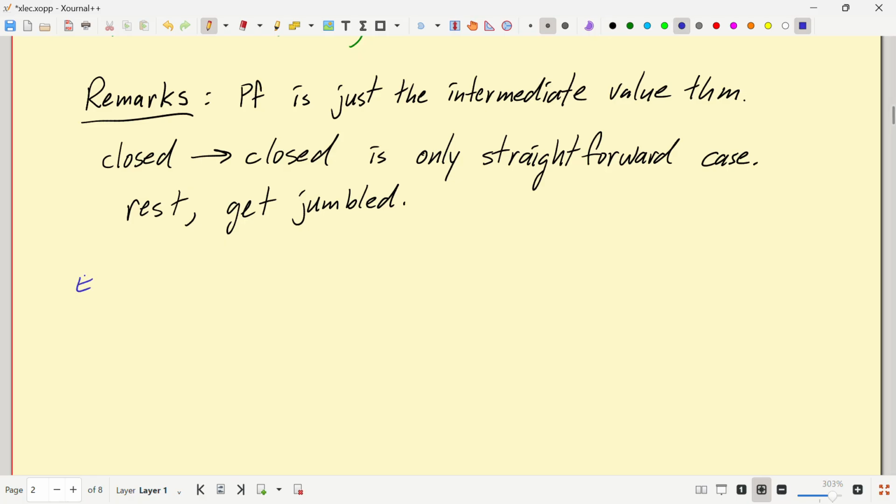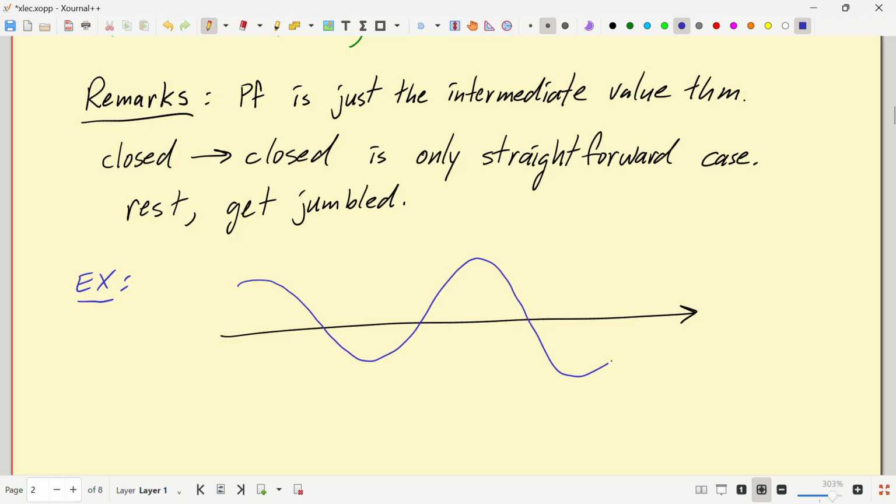My favorite example is the sine function. So the sine function wiggles up and down and has maxes and mins. So there's the origin.